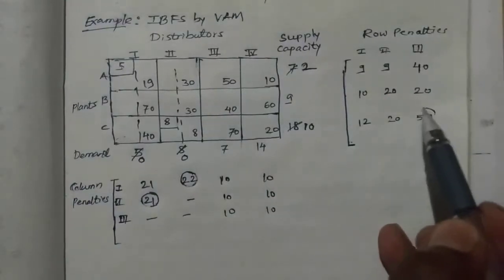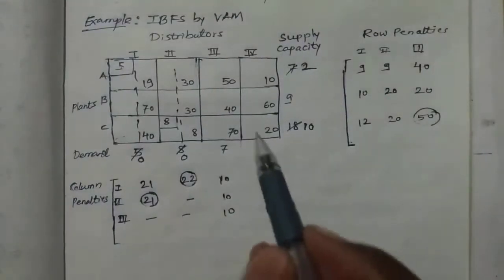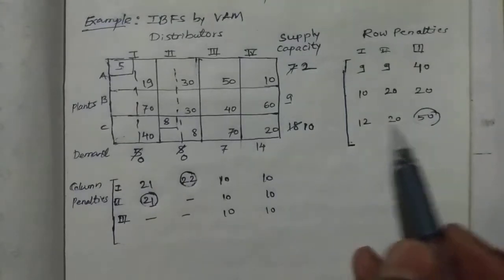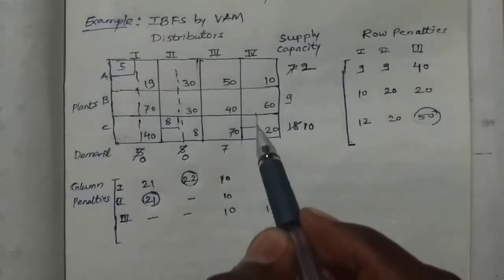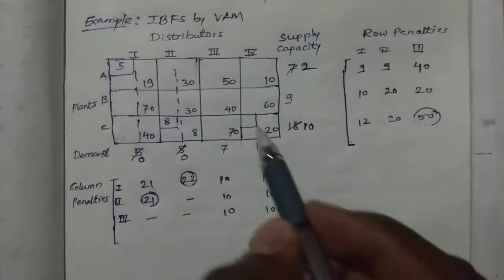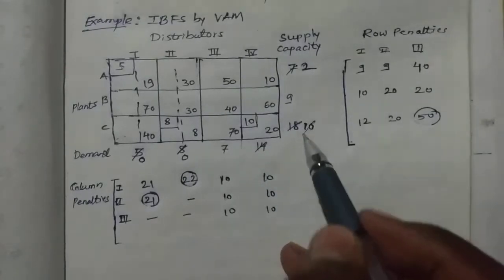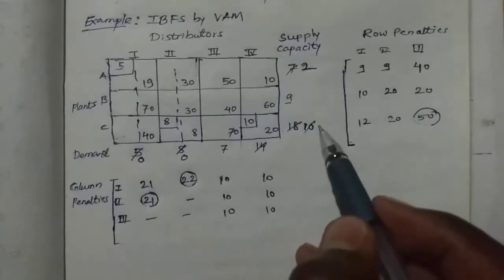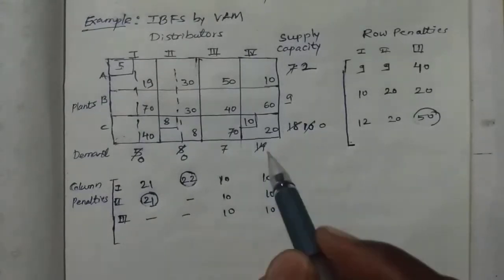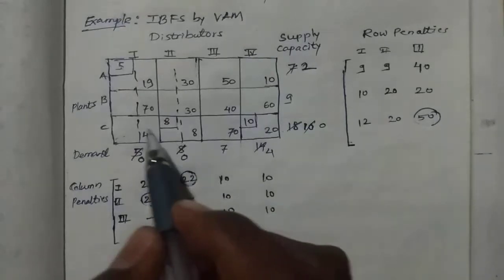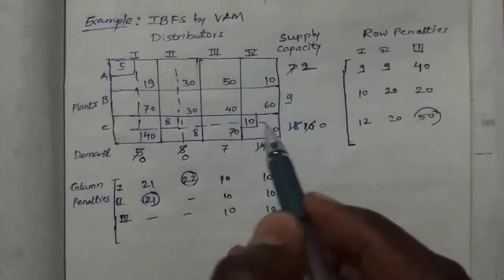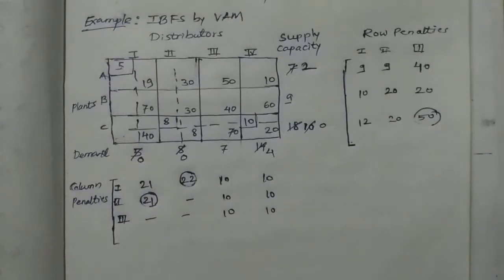So maximum penalty is 50. So in this row smallest cost is 20. So make allocation and subtract demand and supply. So 10 minus 10 is 0, 14 minus 10 is 4. So let us eliminate now this row.